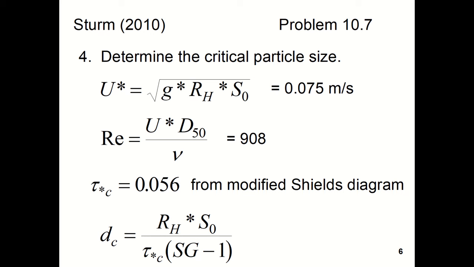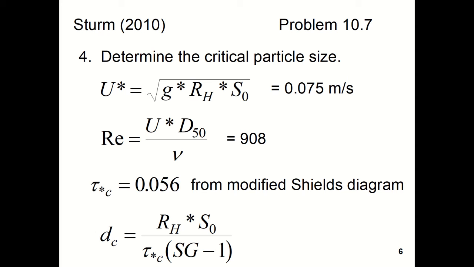Then we would determine the critical particle size. First calculation to determine the critical particle size is to determine what's called the shear velocity, or the particle shear velocity. So u star is equal to the square root of g times the hydraulic radius times the bottom slope.